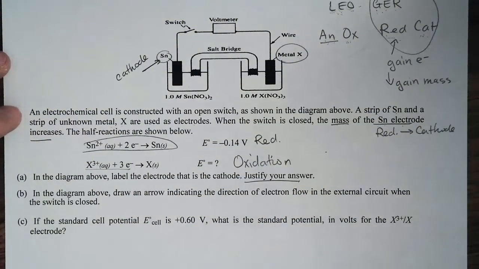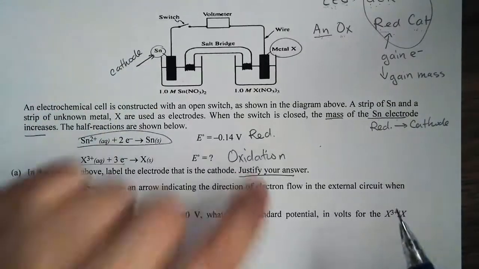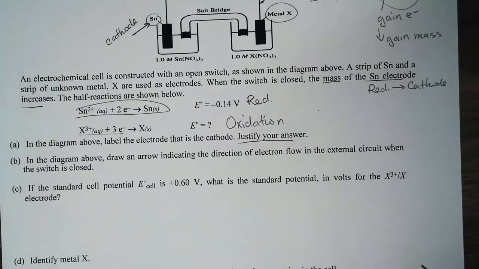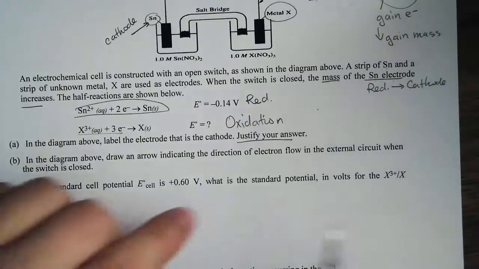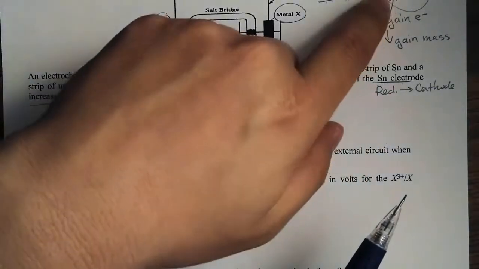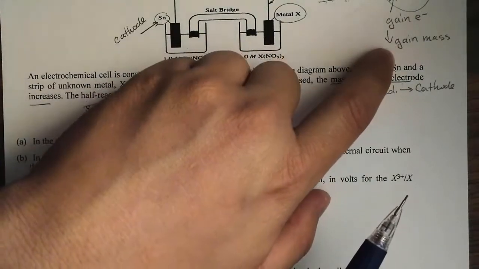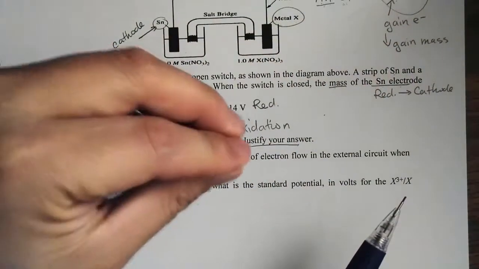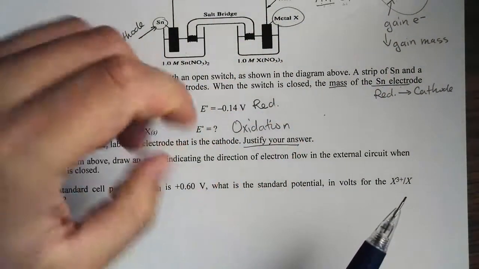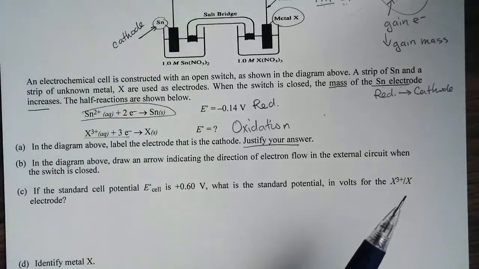So that's how the mass is being added to the tin electrode. I'm not going to write it down. You write that down, okay? So again, because the mass increases in the tin electrode, we know that reduction occurred because gained electrons interact with the metal ions, and that produces solid metal on the outside of the electrode, which increases the mass, okay?